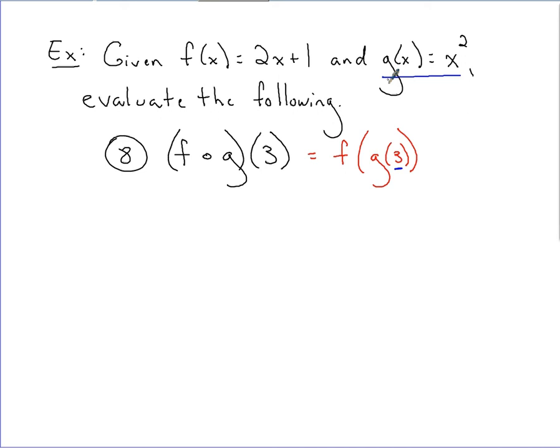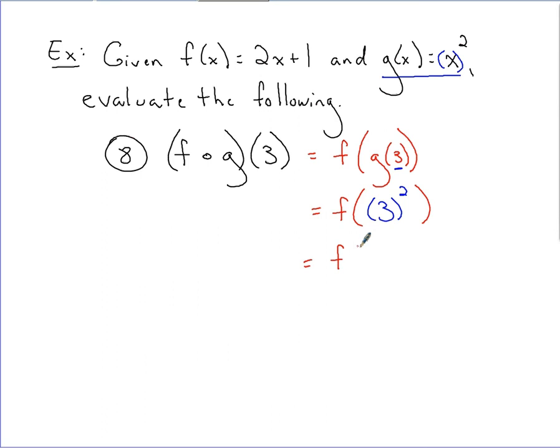So this 3 replaces the x in that function, meaning I haven't done anything with f yet, but I'm going to take the 3, replace the x up here, right? That's being squared. And put that in the place of g of 3, because I know that's what g of 3 equals. Now, of course, that's 9.